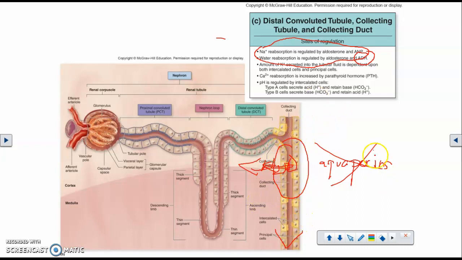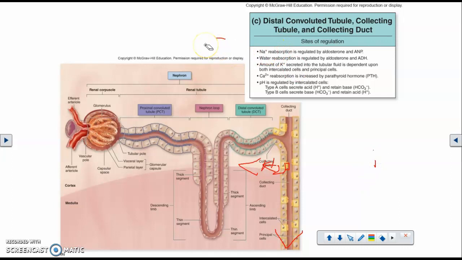Okay, the very important thing here is the amount of potassium. If you reabsorb sodium, which means you're going to bring in water, guess who moves the opposite way? You have to replace it with potassium.